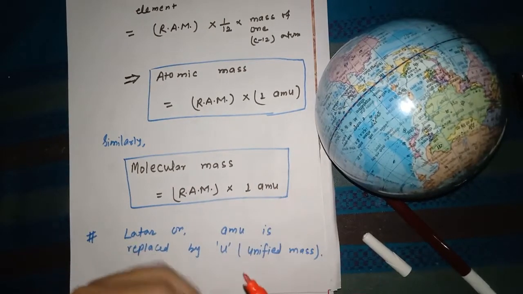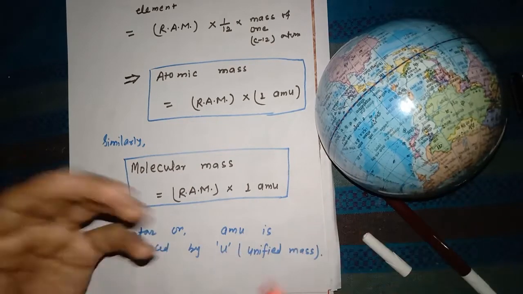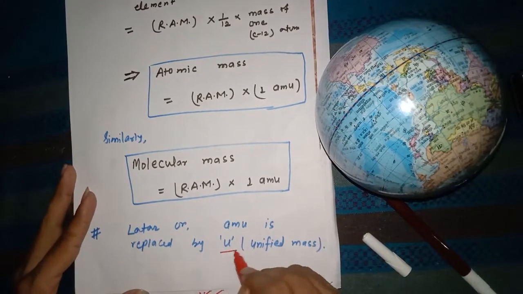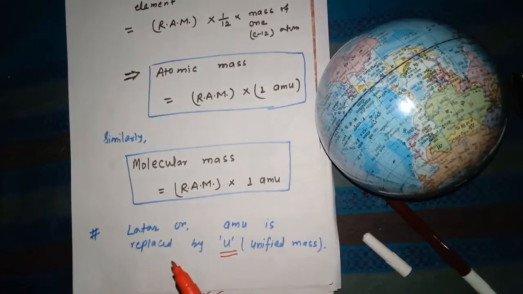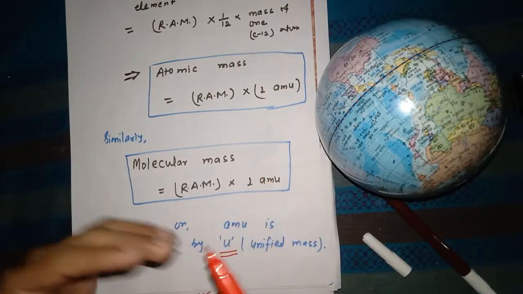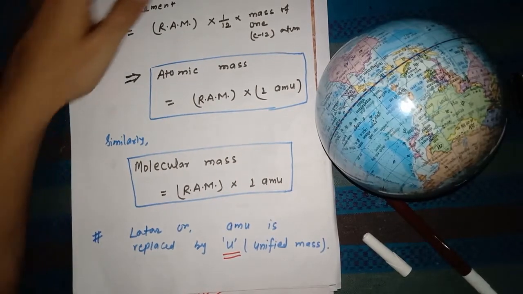Later on, AMU is also called unified mass unit, denoted as U. In this chapter, we can use AMU, or generally U is used for simplicity.